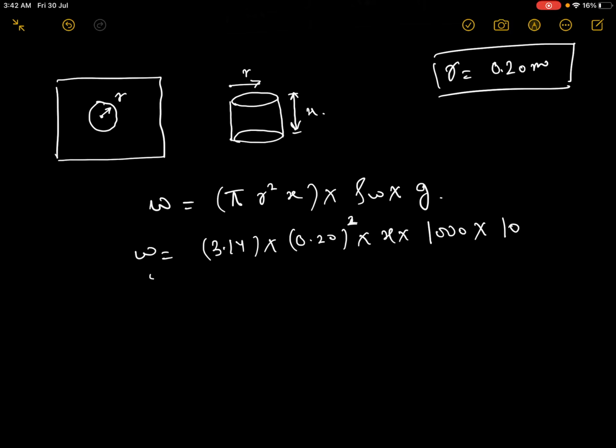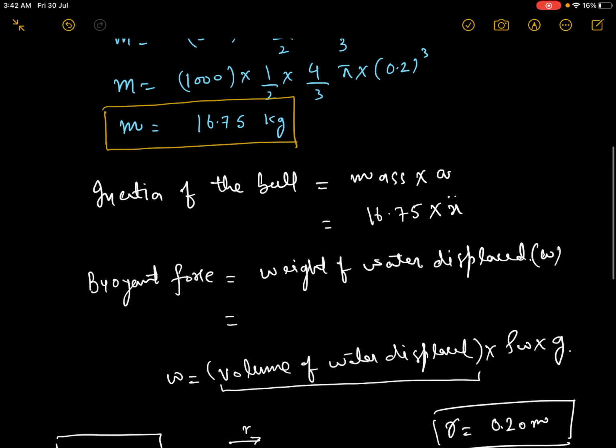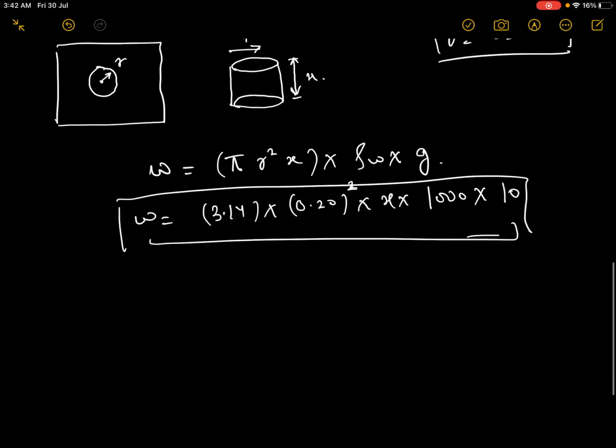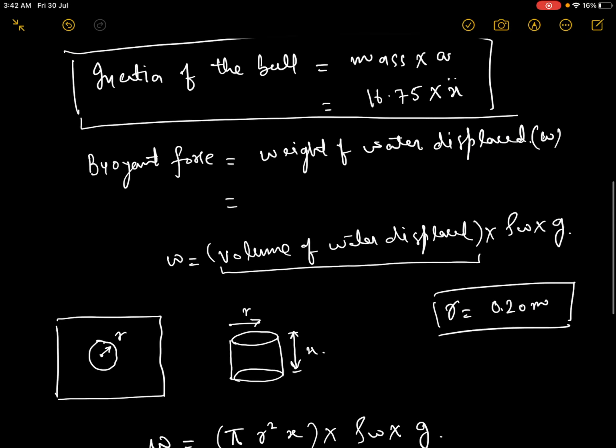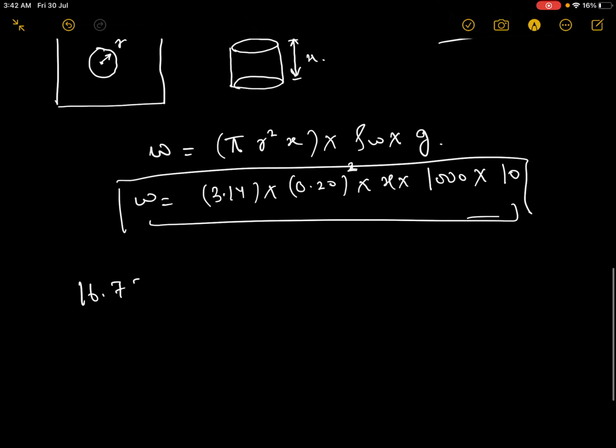So now what we will do, we will just equate the inertia of the ball with the weight, or the buoyancy force, or the weight of the water displaced. So we'll get 16.75 multiplied by x double dot will be equal to 3.14 multiplied by 0.20 whole square x 1000 into 10.